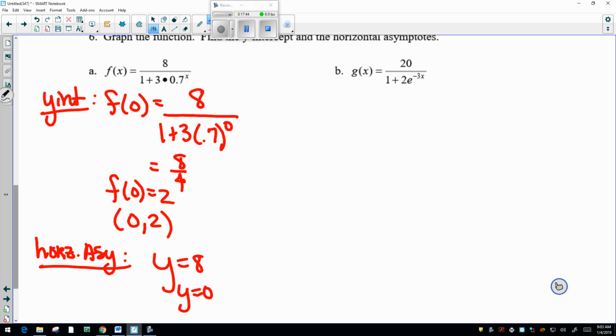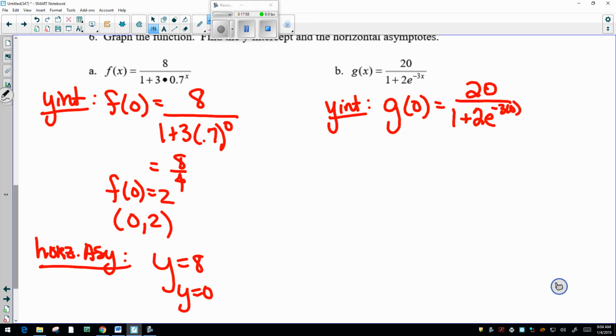Okay, try one more. So if we're looking again for your y-intercept, we're going to make x 0. So on the bottom, now we have an e, but it works the same way. Okay, so start off with your exponents. Negative 3 times 0 is 0. Anything raised to the 0 is still 1, so e to the 0 is 1. Times 2 is 2, plus 1 is 3.